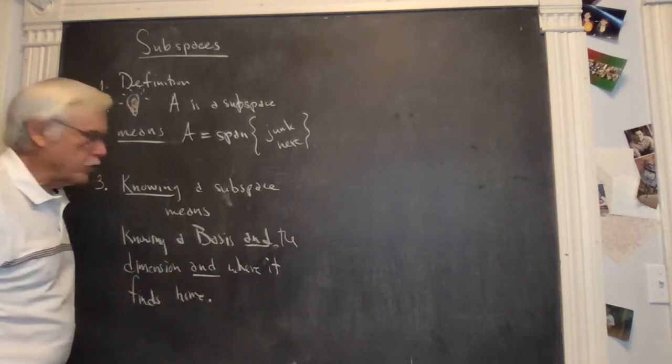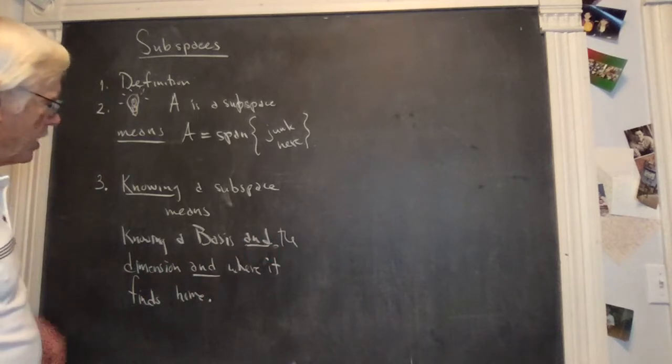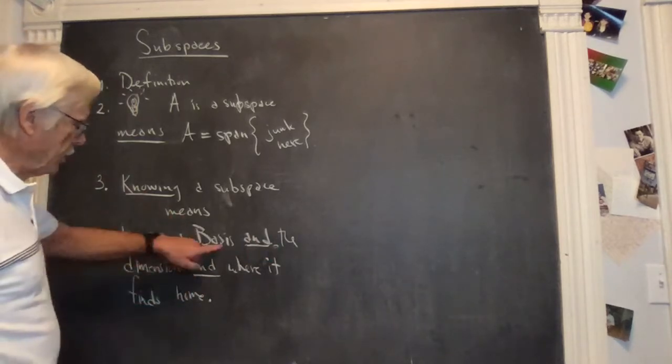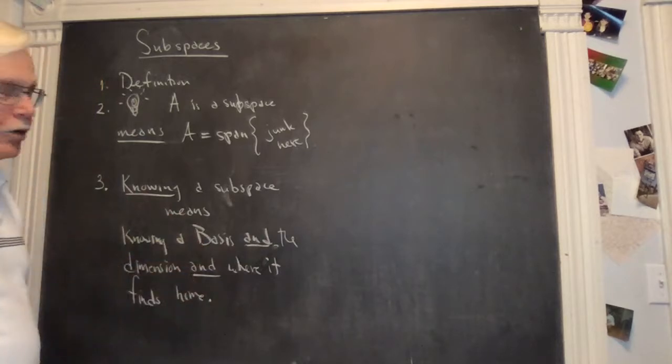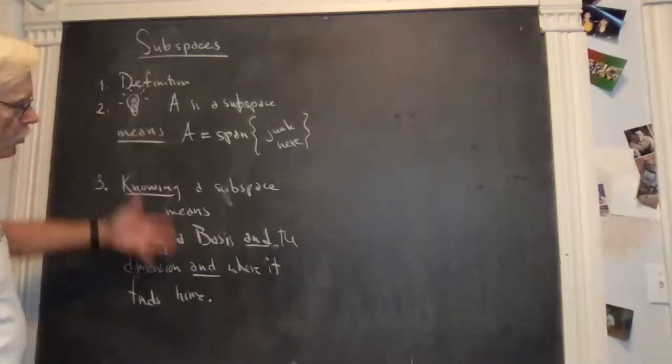So maybe this is a two-dimensional subspace in five-dimensional space because it has a basis of two linearly independent vectors. You need to know what a basis is, a linearly independent spanning set. But this is the whole deal here.